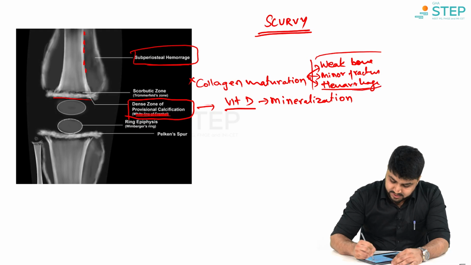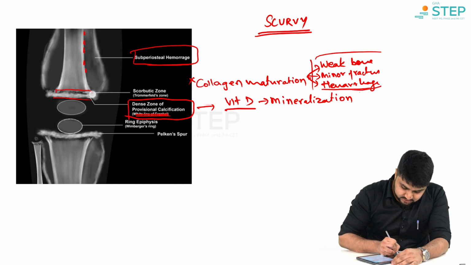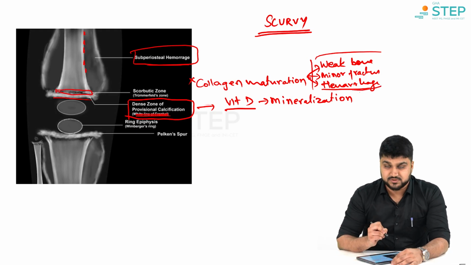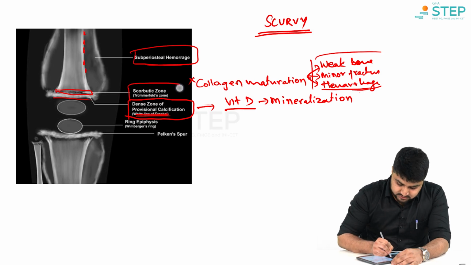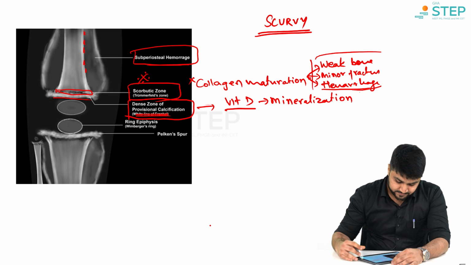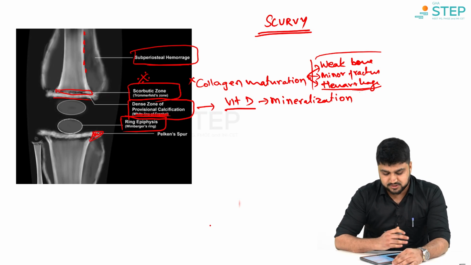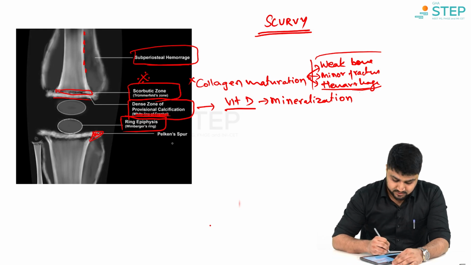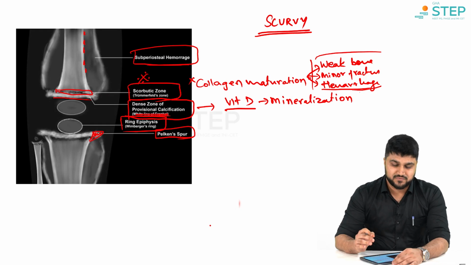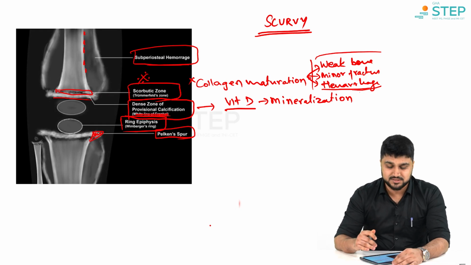All these three combined will result in a translucent zone right above the dense zone of provisional calcification. This is known as the scorbutic zone and this is pathognomonic of scurvy. Then we also have the ring epiphysis, which is a dense sclerotic ring around the epiphysis. The Pelkan spur is the dense zone of provisional calcification extending to the periphery to involve the periosteum as well. So, these are the mechanisms for the different radiological findings you see in scurvy.